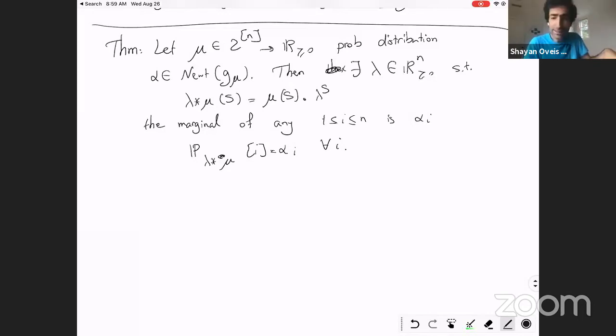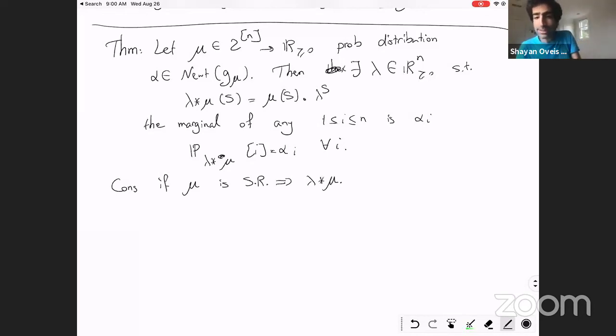What I'm saying here is that you can apply an external field to your distribution to change your marginals to any point in the Newton polytope. And the very important consequence is that if mu is strong Rayleigh, then so is lambda star mu.